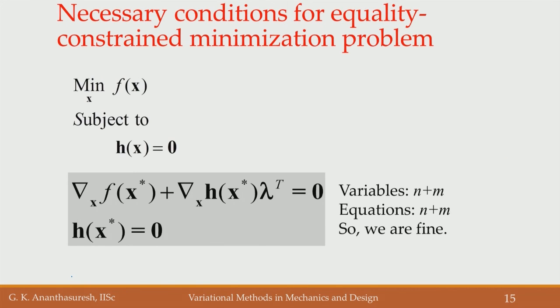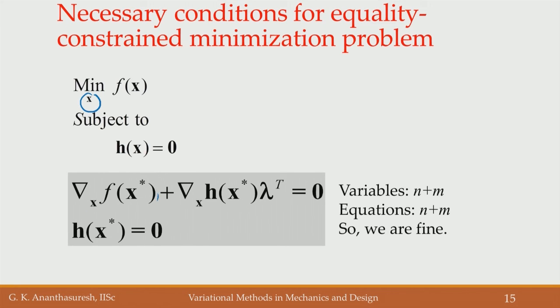Now, when you have such a thing, what we did with the two variable case necessary condition, we create a general case. Now, I have uppercase X, that means I have x1, x2, ..., xn, and then h also has m components, h1, h2, h3 up to hm. Then the necessary conditions can be written like this.